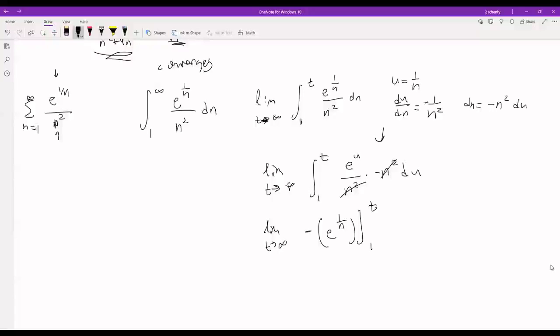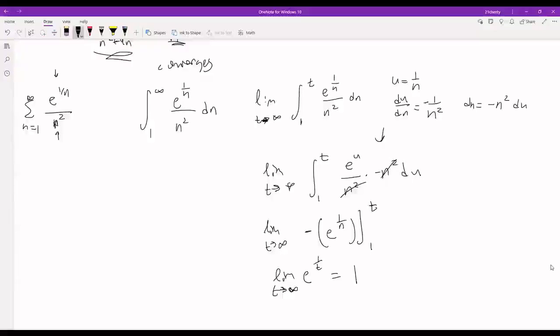So e to the 1 over t, as t approaches infinity: we know 1 over t approaches 0, so this equals e to the 0, which is 1.